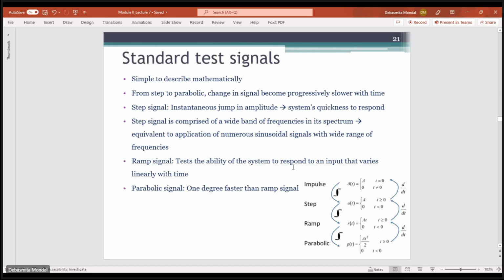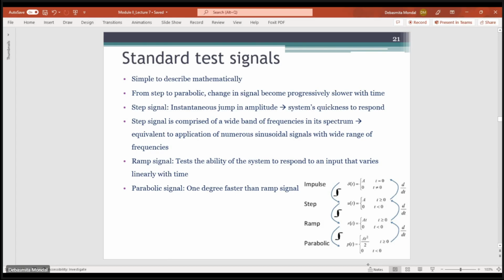Then for ramp signals, we can test the system's ability to respond to an input that is varying linearly with time. Similarly, for parabolic, the variation is one degree faster than the ramp signal. If you take a derivative of this parabolic signal, you will get the ramp.